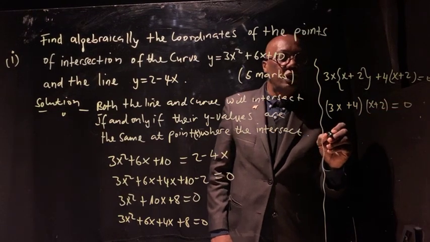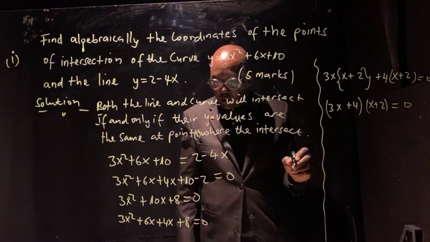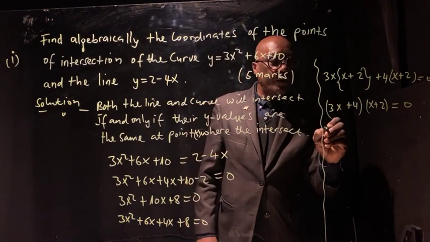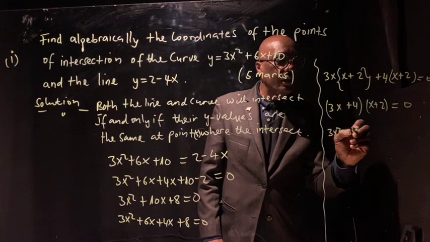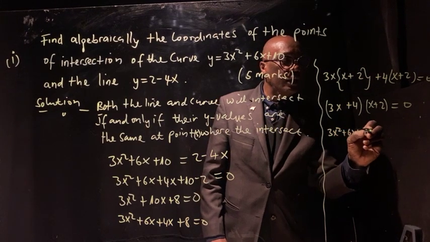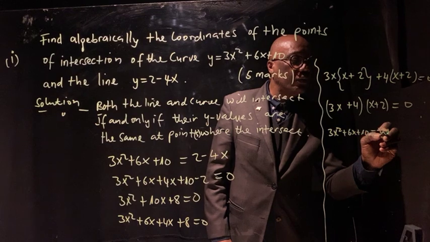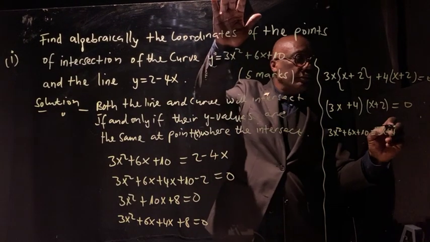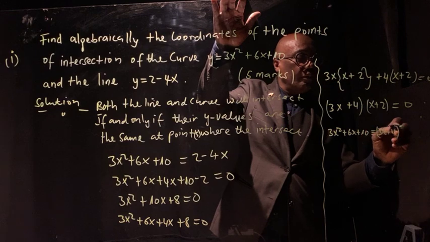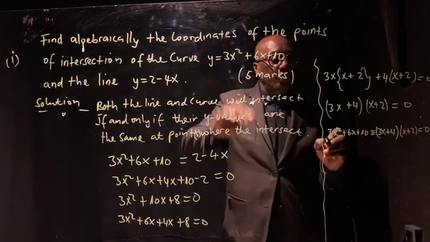Therefore, we see that this quadratic equation, which is 3x squared plus 6x plus 10, is identical to 3x plus 4 times x plus 2 equals 0.